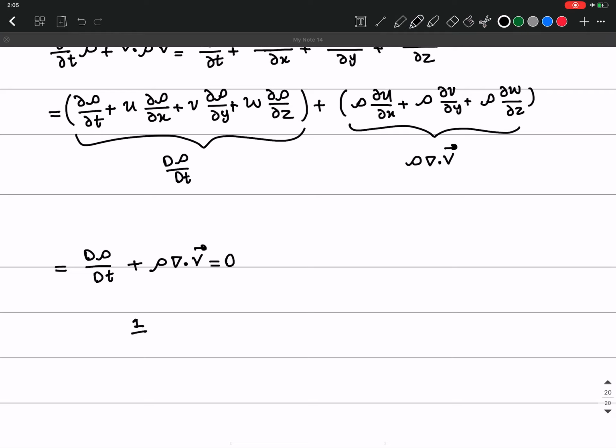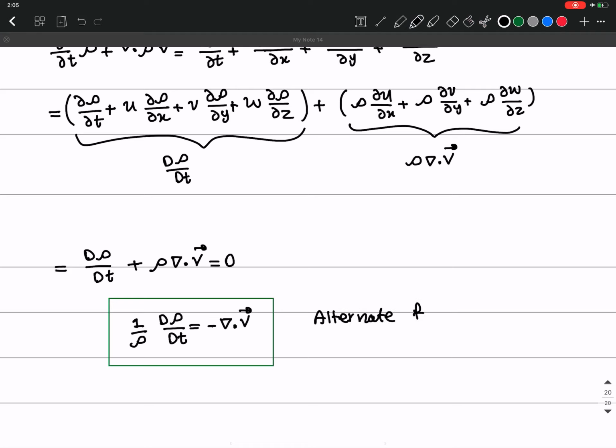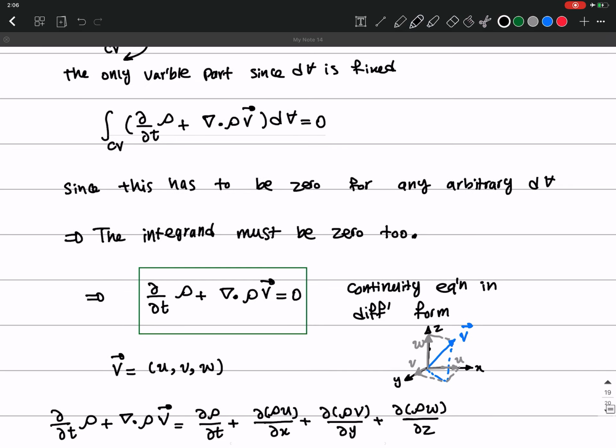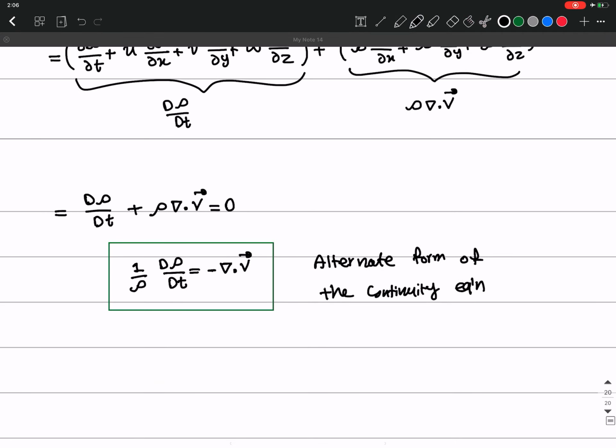So 1 over rho d rho over dt, the total derivative of rho, equals minus divergence of the velocity vector. So this is the alternate form of the continuity equation. Just look at it. So this was the first form, and this is the alternate form of that.